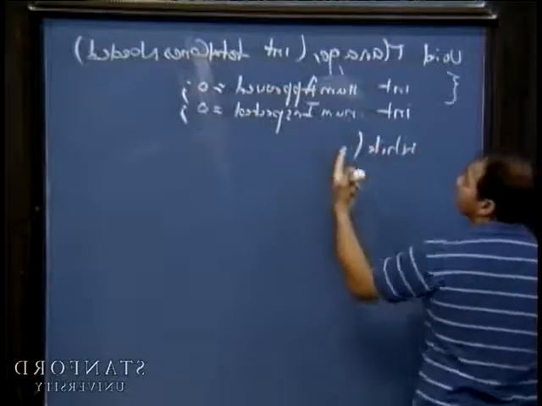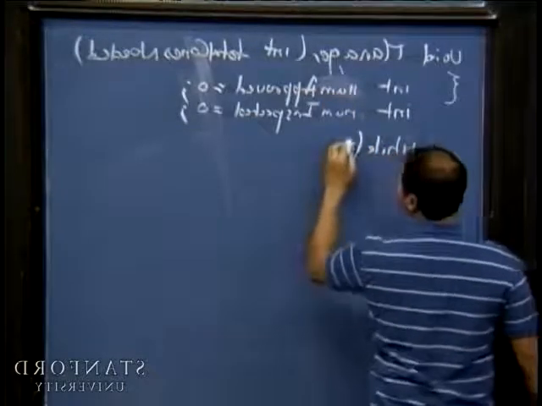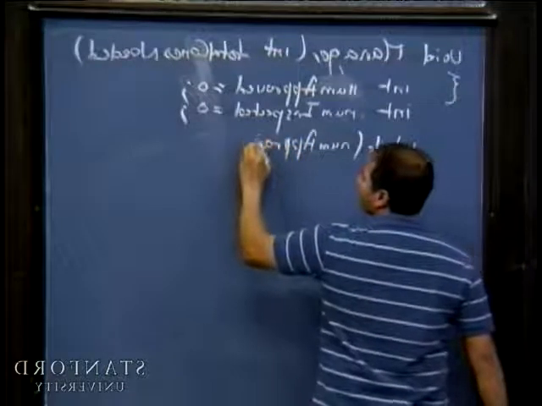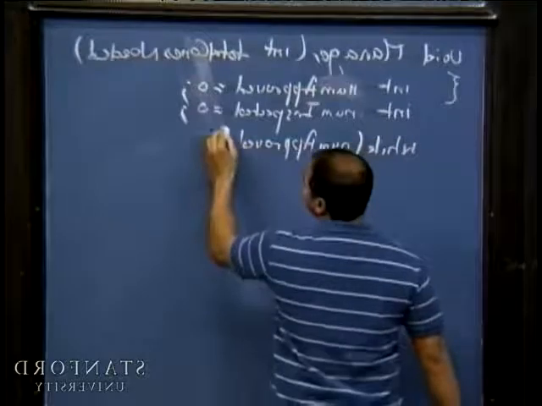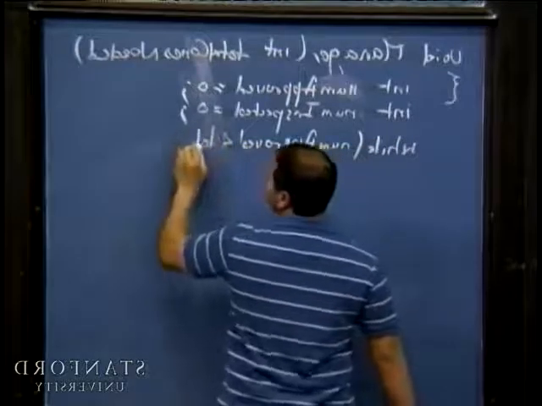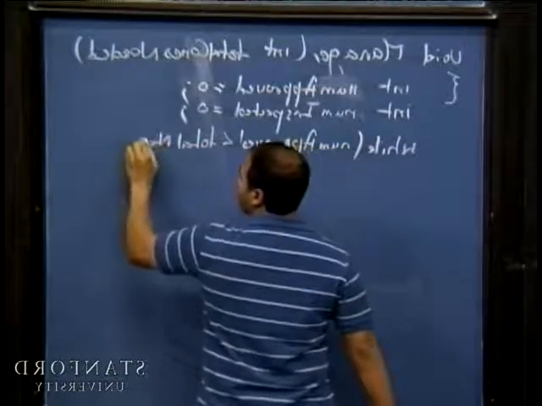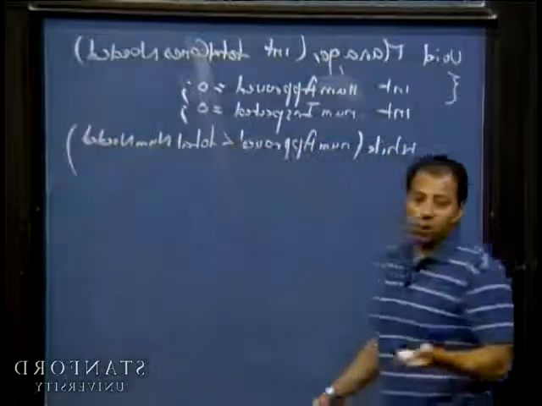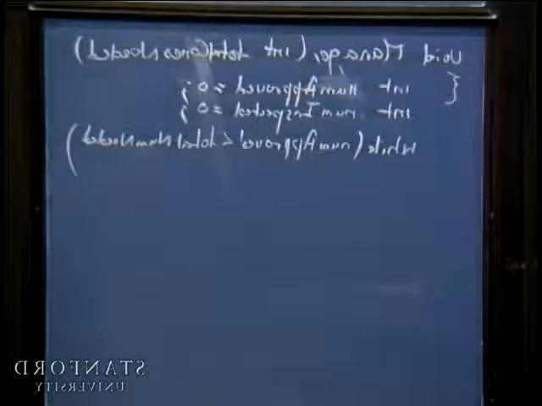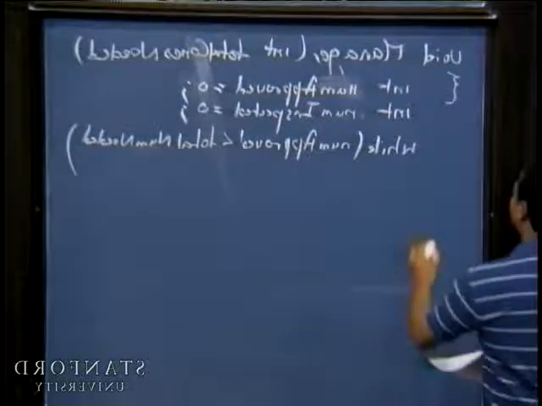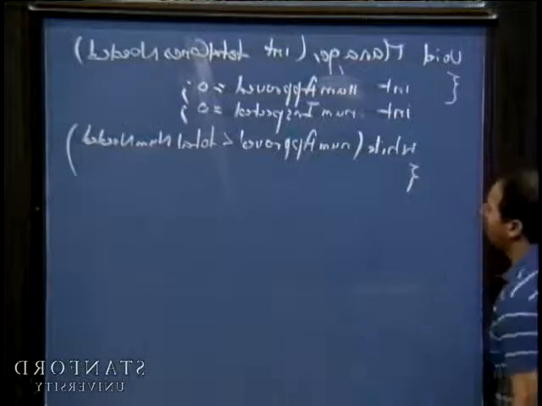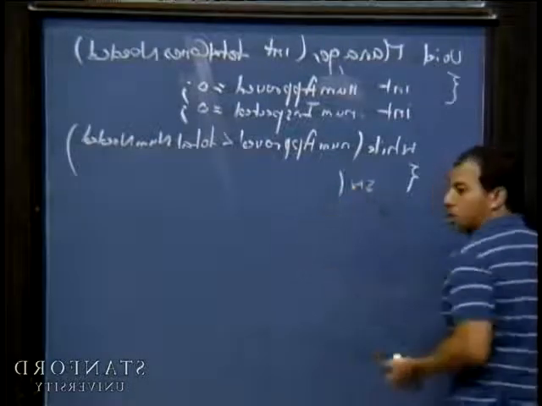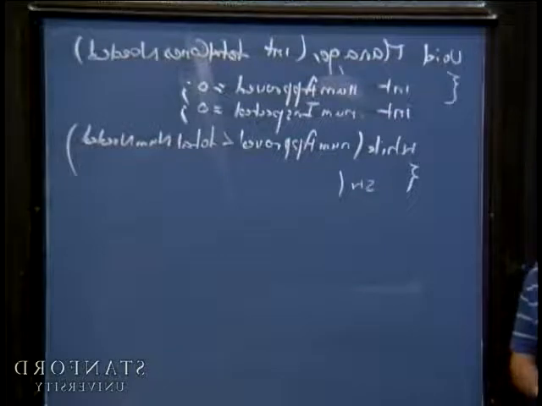So what we need to do is the following. While the number approved is less than the total number needed, then you basically can't go home. You have to keep waiting and keep inspecting, right? So while this is the case, what you want to do is wait until a clerk requests your service, right?